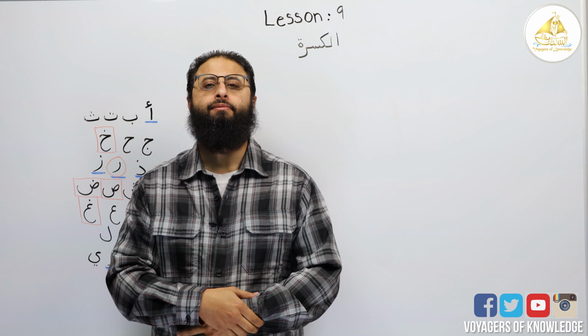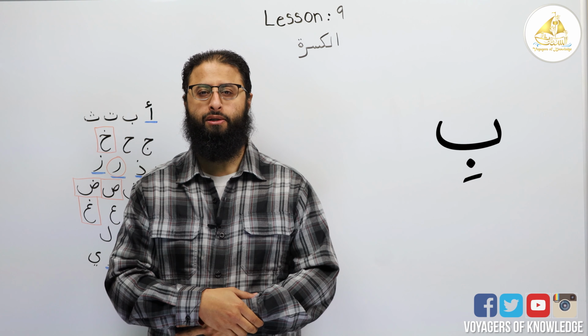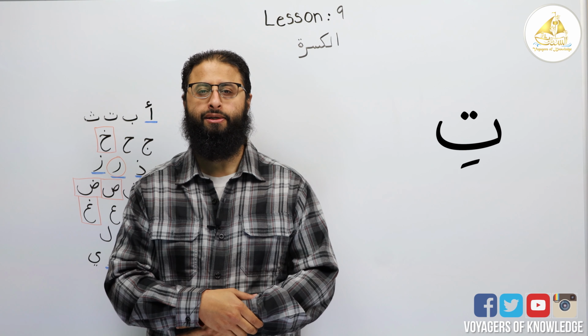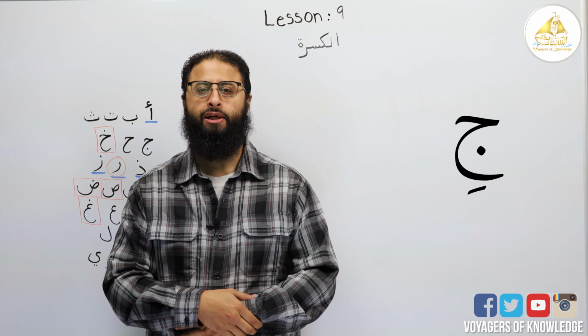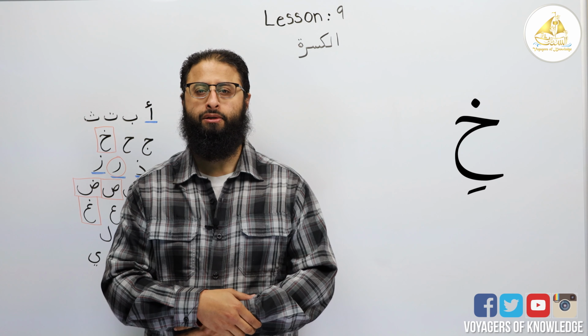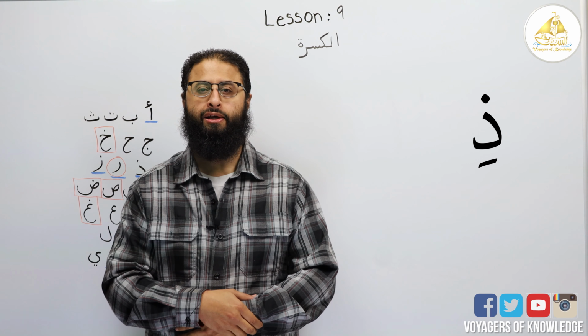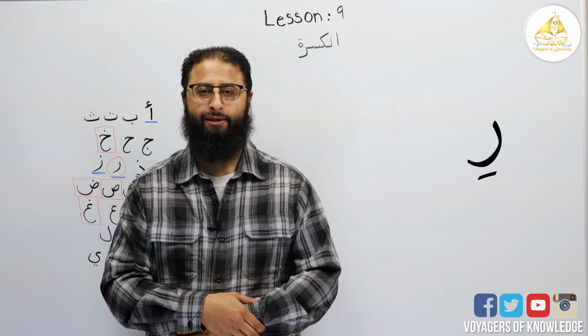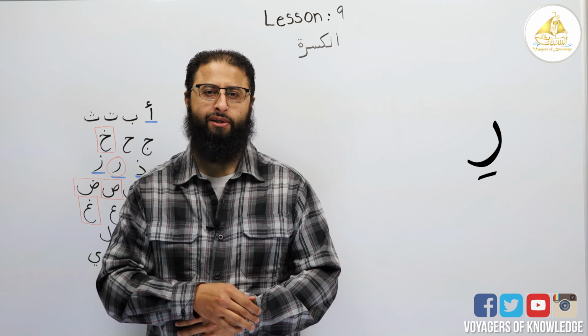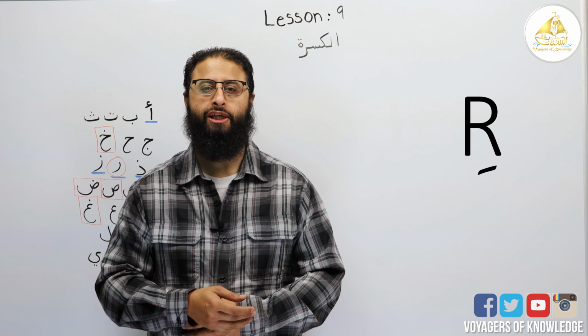To begin, E, B, T, Th, G, He, Khi, D, Thee, Ri. I want to say this one again. Ri. Don't pronounce it as Ri.